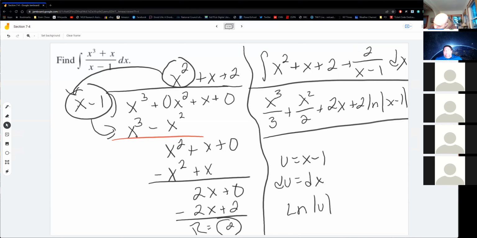It's important to remember that it's the absolute value of x, right? Yes, because we cannot take a log or a natural log of a negative number. Wait, why? That might be the question. Because a natural log is the inverse of an exponential function, and the exponential function does not have any negative values unless it's shifted.